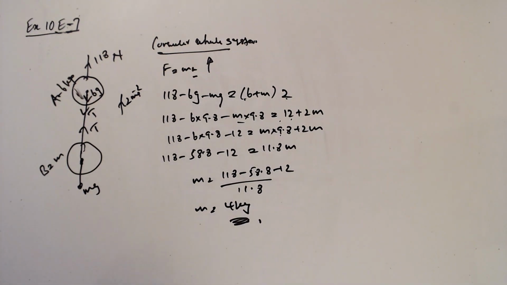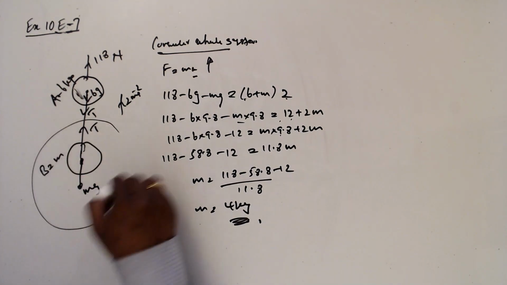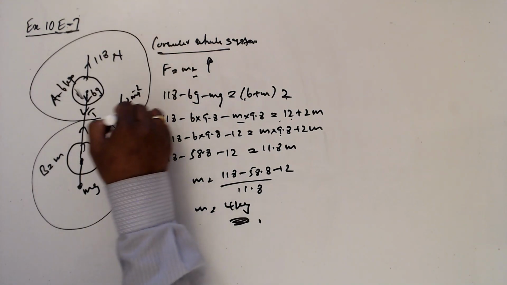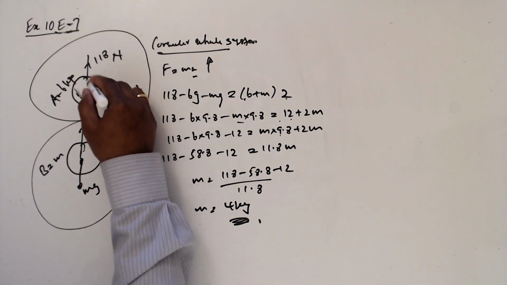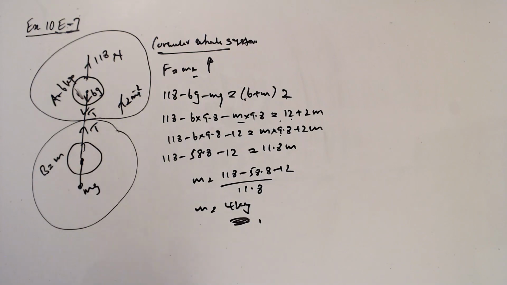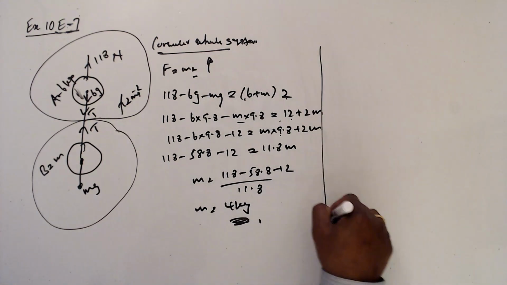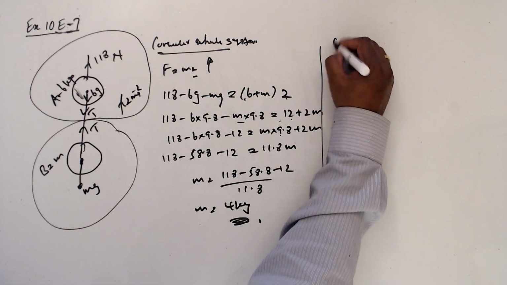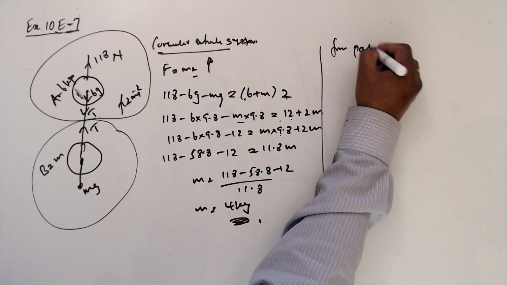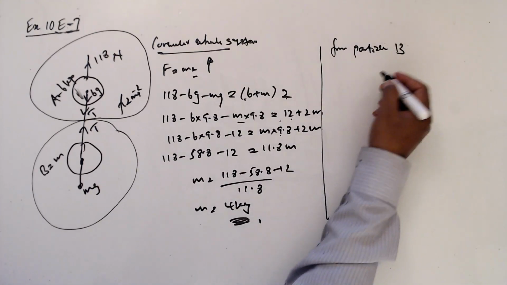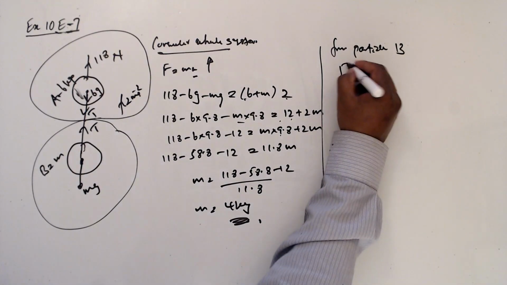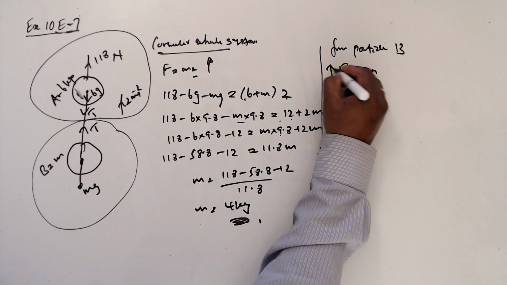Now we need to find the tension. We can consider this one or this system, but there are three forces here, and for this one only two forces. So I will stay with B. For particle B, F equals ma upward.